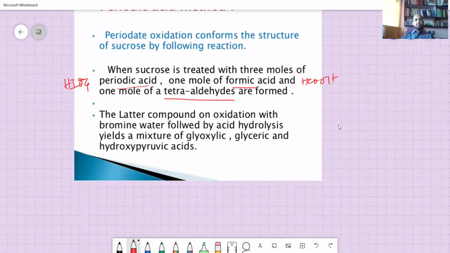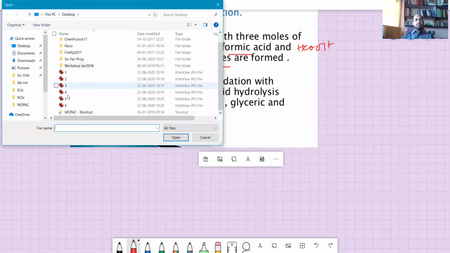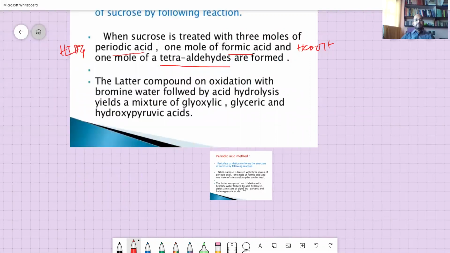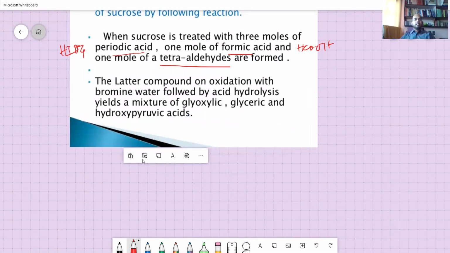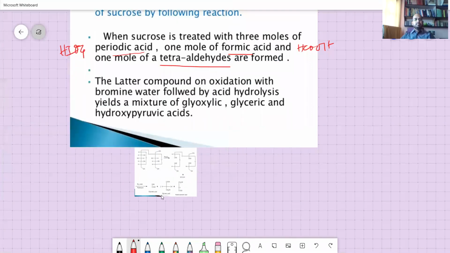And this is also a very important reaction. And let me illustrate that reaction here. In the next slide. Okay, just take up the next slide. So you must know why periodic acid is added. It's a strong supplier of oxygen.